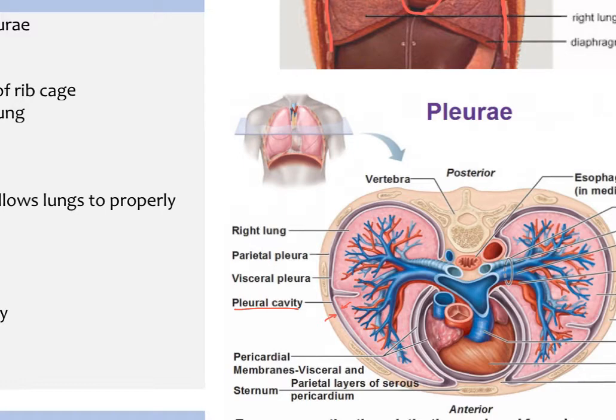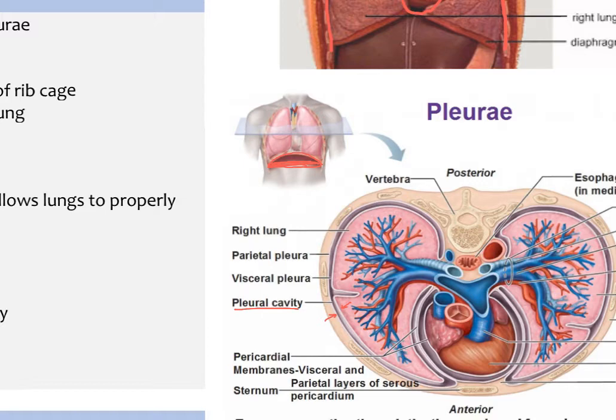And this is going to be important because, jumping a little ahead to how inspiration happens, how we get the lungs filled with air, is the diaphragm, which is normally in a resting position like that, kind of bowed up. In inspiration it is going to contract. The parietal pleura is attached to the diaphragm, and that's going to pull down the parietal pleura.